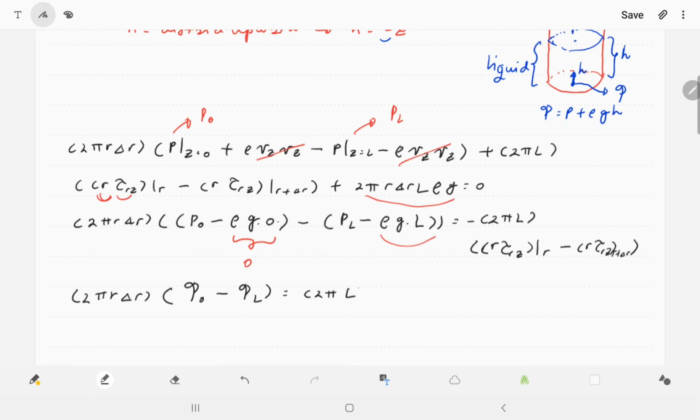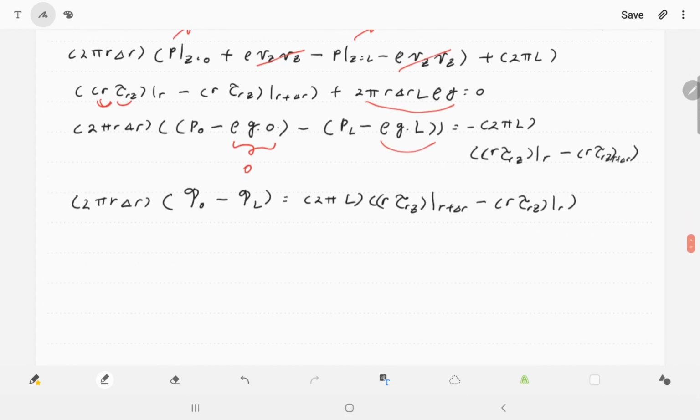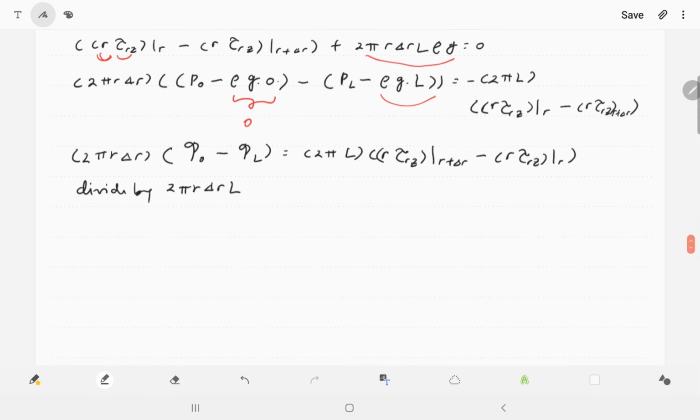2 pi l, r tau rz at r plus delta r minus r tau rz at r, and then we can divide by 2 pi r delta r l.